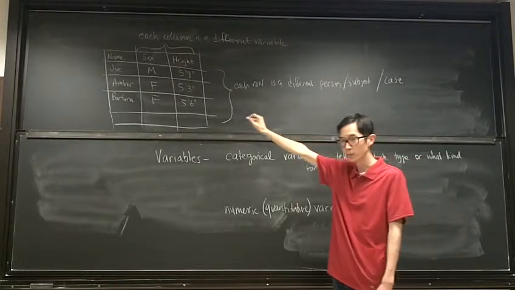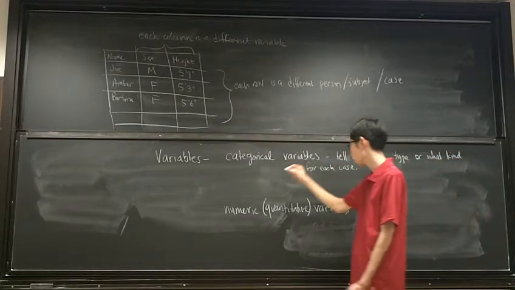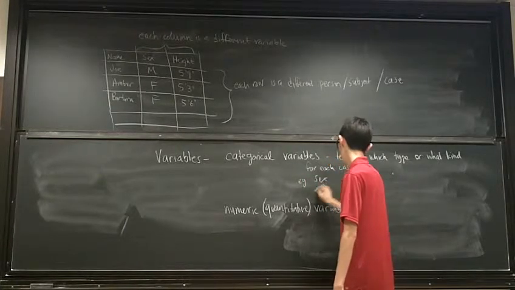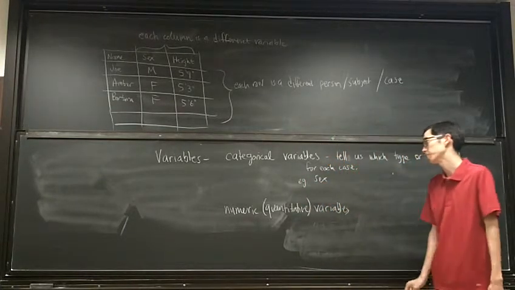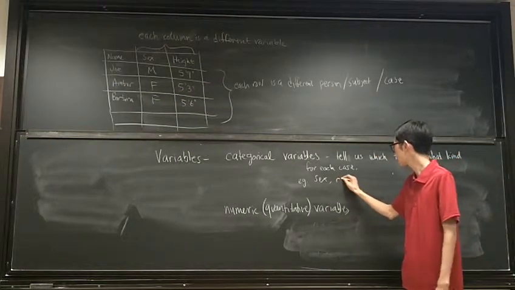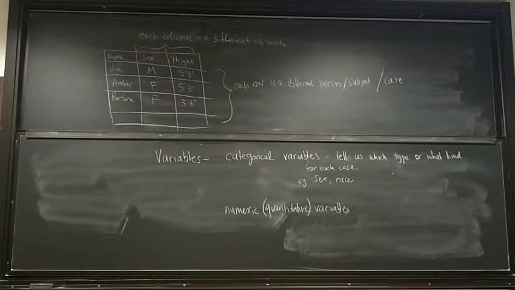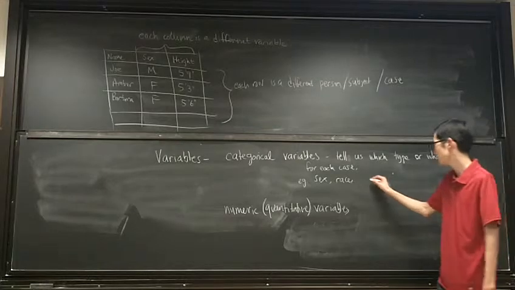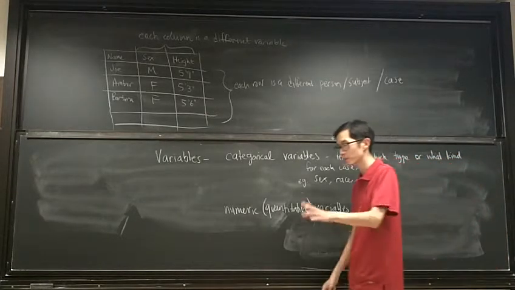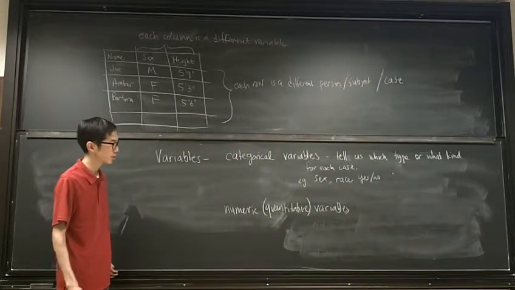So in our example, sex is a categorical variable. For example, sex, male or female, maybe race, or if we're dealing with anything that could be answered with a yes or no, or this category, that category, those are all categorical variables.